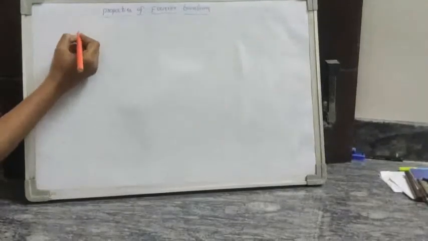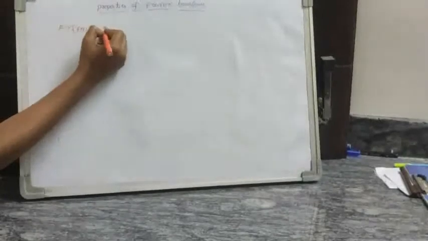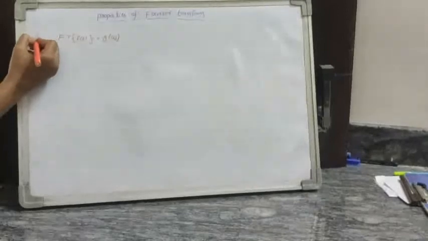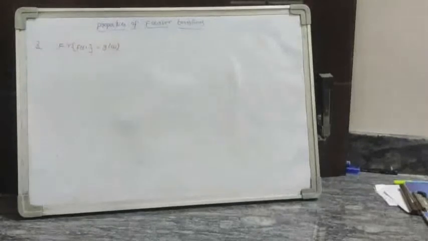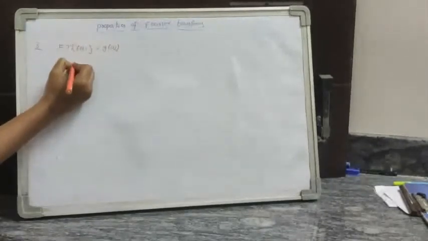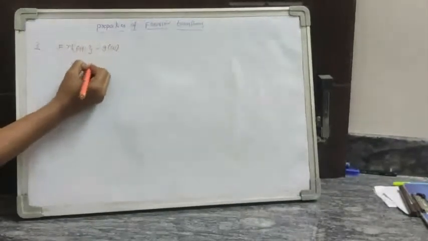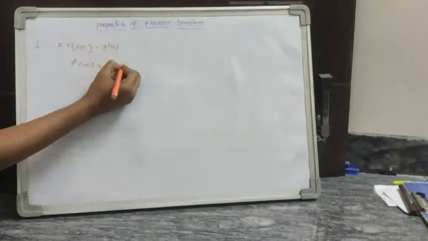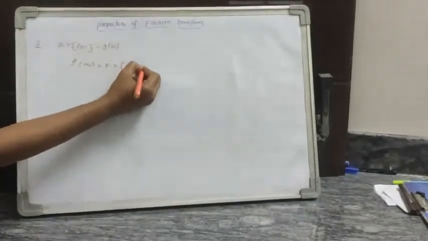This theorem is related to the complex conjugate of the Fourier transform, which is given by G conjugate of minus omega is equal to the Fourier transform of f conjugate of t.